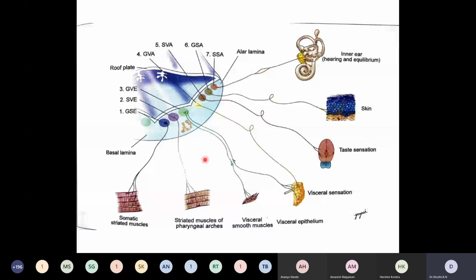Okay. Next to that we have general visceral efferent. This general visceral efferent supplies the preganglionic parasympathetic fibers to the smooth muscles. Then you have general visceral afferent. It carries the sensation from the viscera. Afferent means sensory fibers.